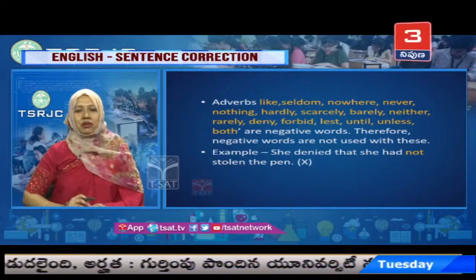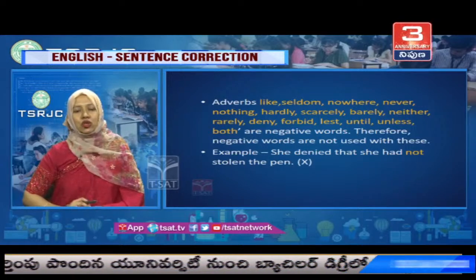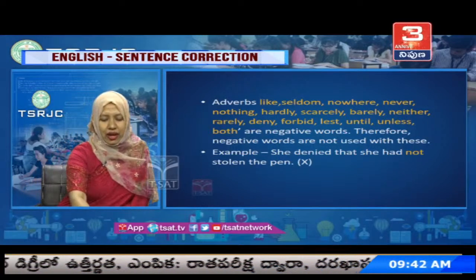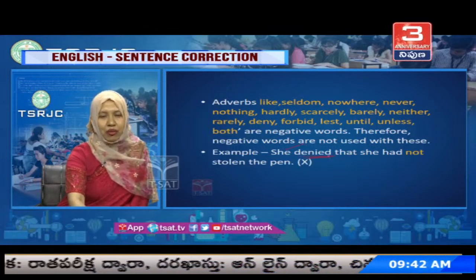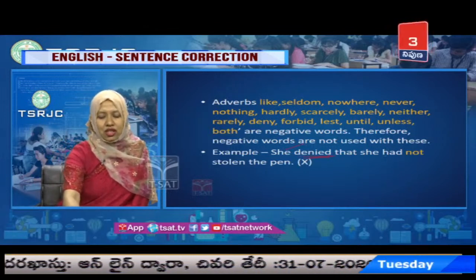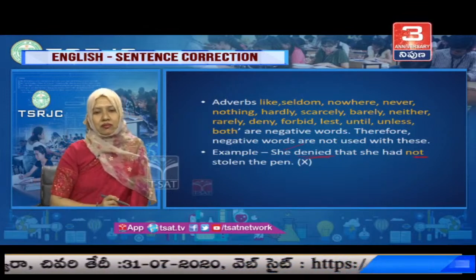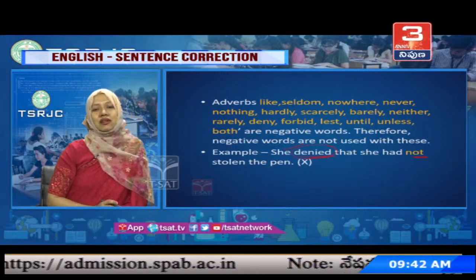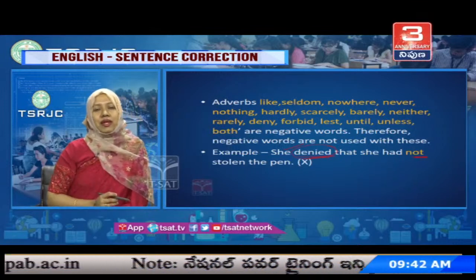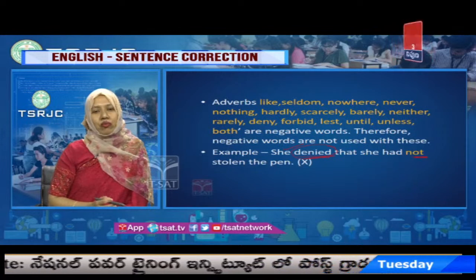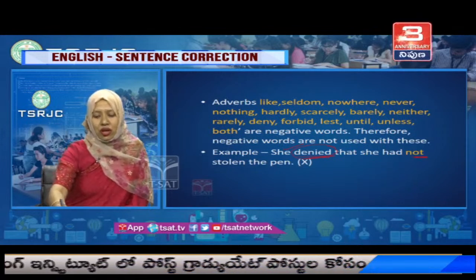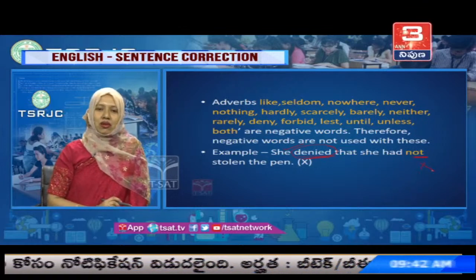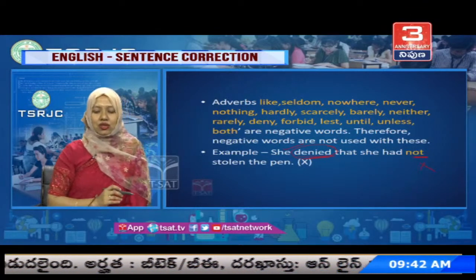Now, example, she denied that she had not stolen the pen. If you look at the sentence, she is the subject, denied is the main verb, that she had not stolen the pen. Here, denied itself carries the meaning of no, not. There is no need of using one more not in the sentence. Denied itself is saying that she has not stolen the pen.